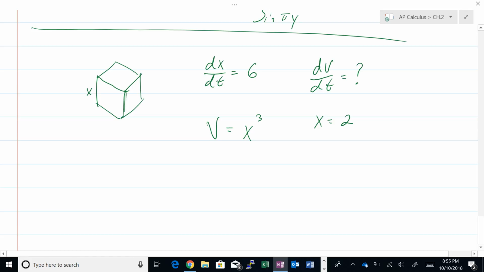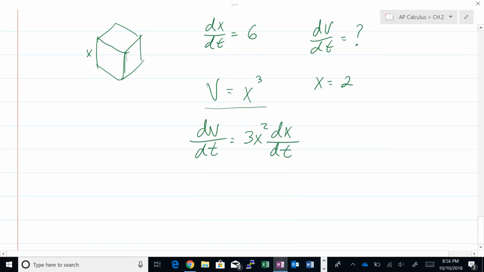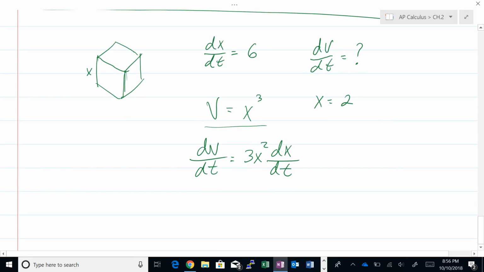Now, let's differentiate this guy. The derivative of V is 1 dV/dt. The derivative of x cubed is 3x squared dx/dt. Let's plug in what we know here. We know x, and we know dx/dt.